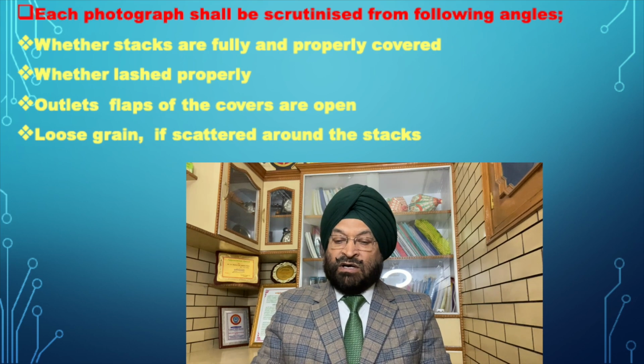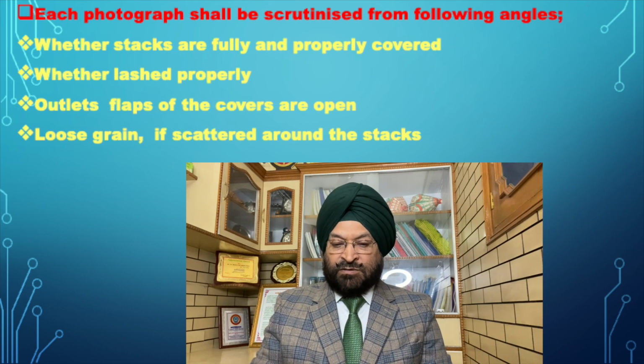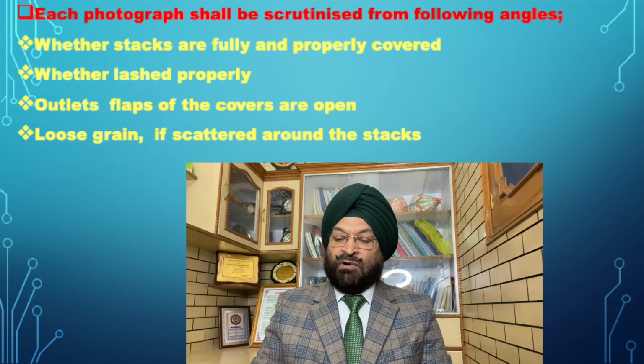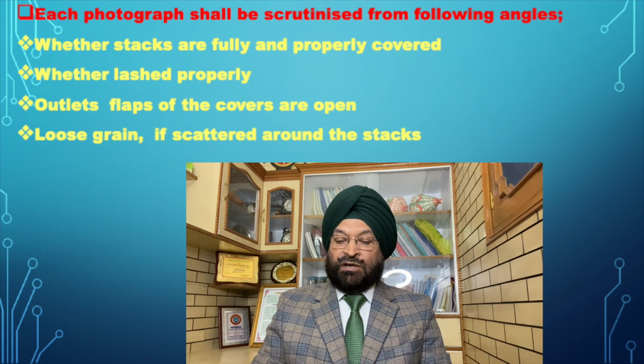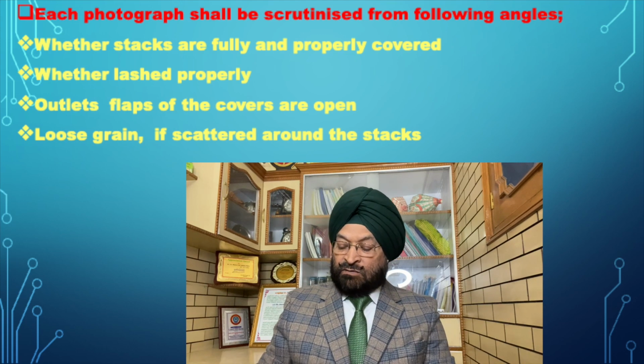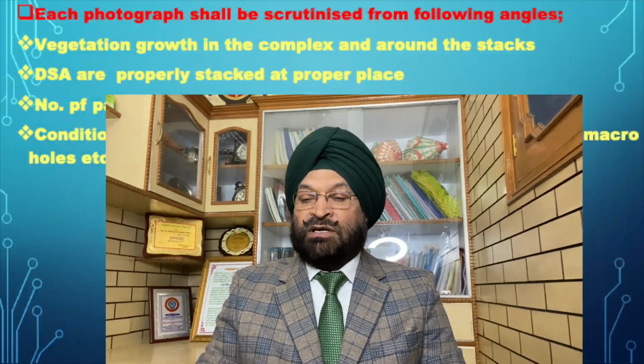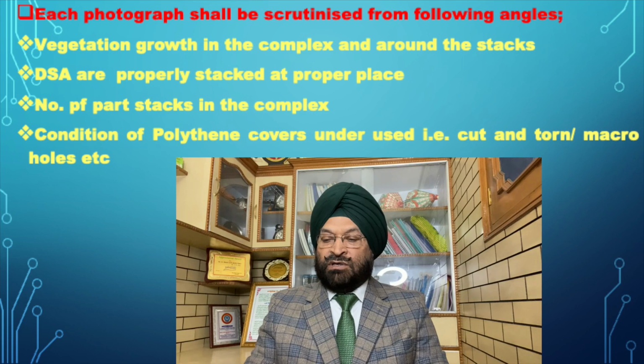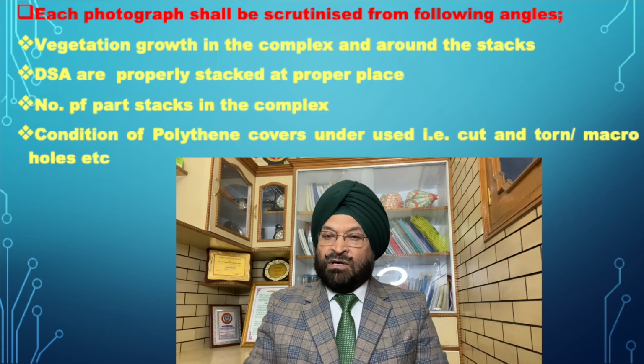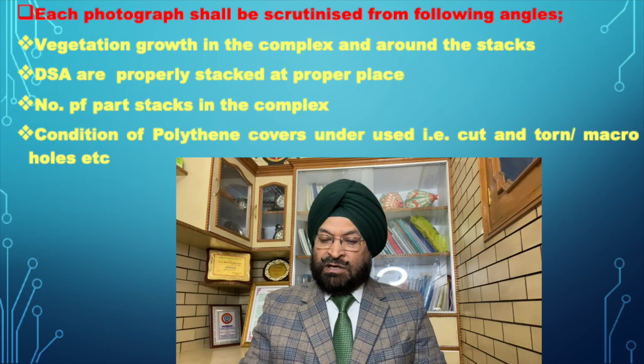Whether properly lashed, whether outlet flaps of the covers are open or tight, whether loose grain is scattered around the stacks, vegetation growth in the complex and around the stack. Whether dead stock articles are properly stacked and hygienically placed.